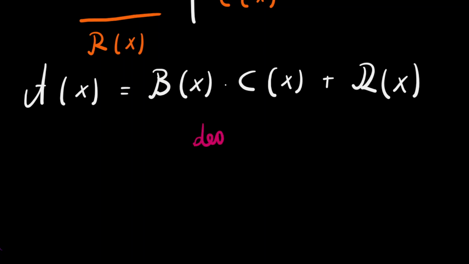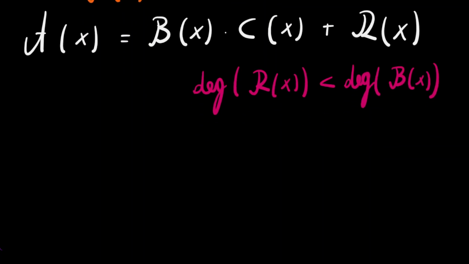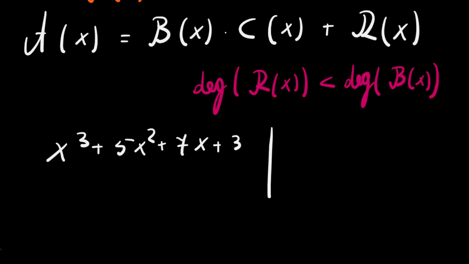Also, what I want to tell you is that the degree of R is less than the degree of B, and as we do above, I will present an example. So let's say x cubed plus 5x squared plus 7x plus 3 divided by x squared plus 2x minus 1.